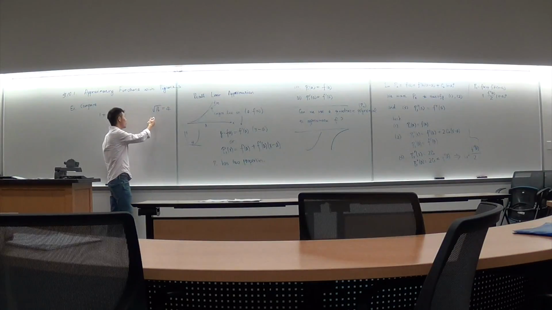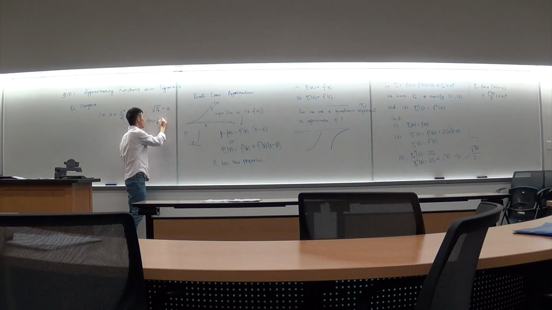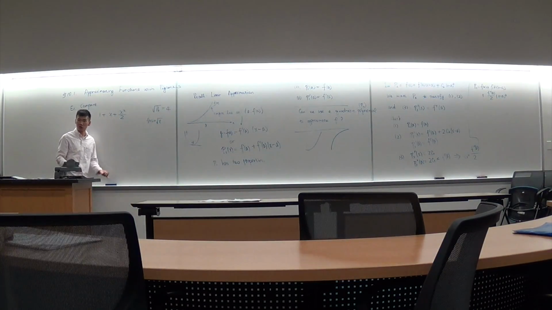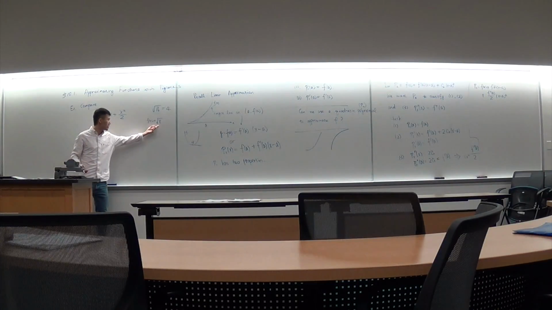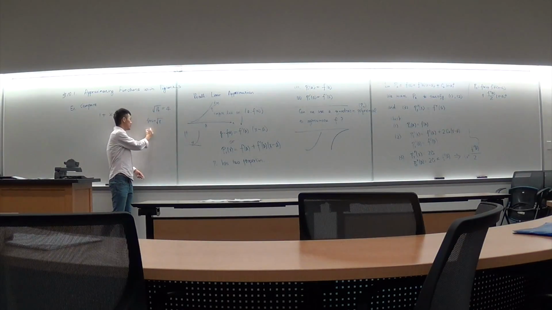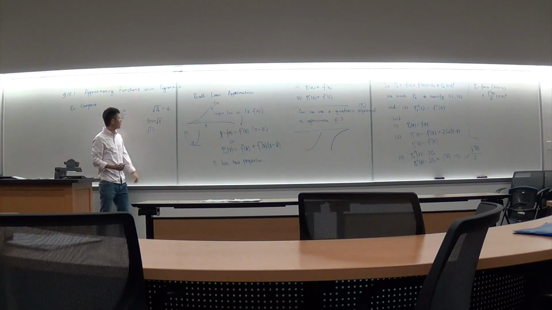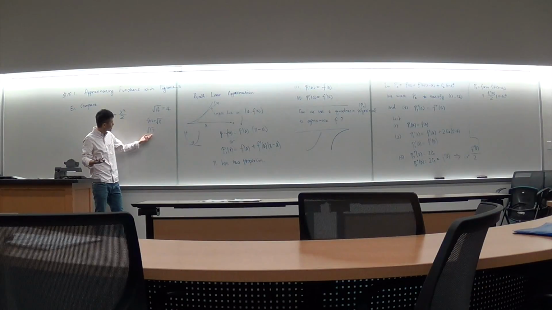Can you see what the function f is? Square root, yes, exactly. Square root of x. So we're trying to approximate this function. It's not a polynomial, so it's not easy to calculate the square root of 17 without using a calculator.